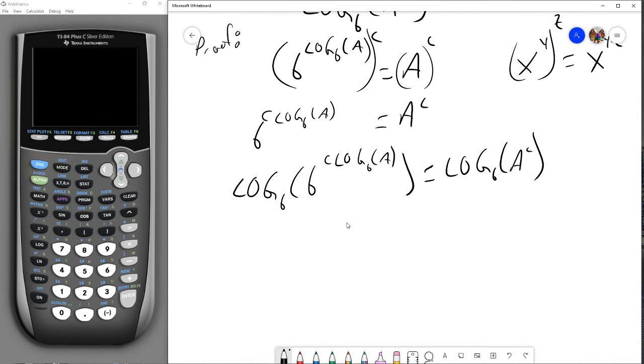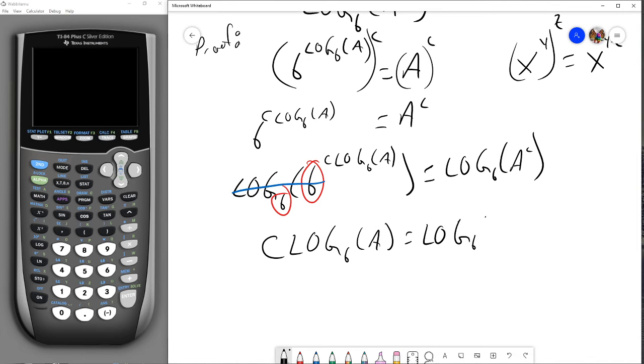Now if we are careful, we can notice that the base of the exponential and the log are the same, so we can use our log property and think of all of that canceling out. That leaves us with c log base b of a is equal to log base b of a to the c. And that's our proof, or derivation, however you want to think about it.